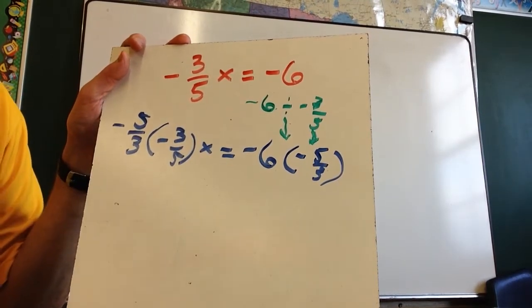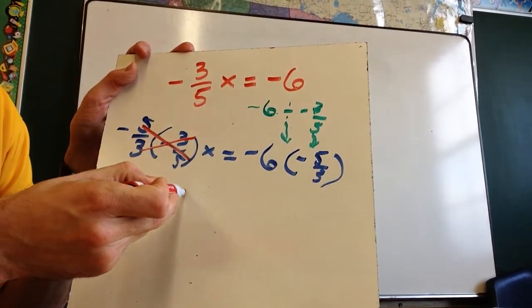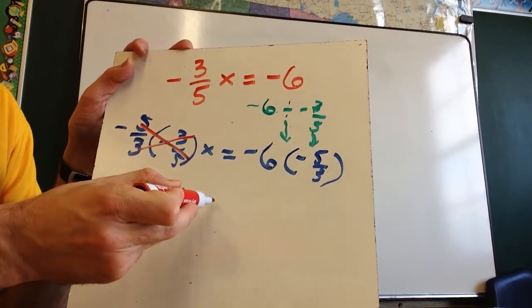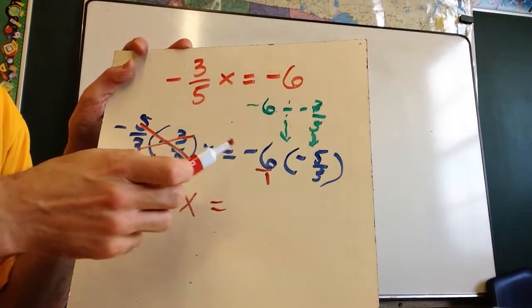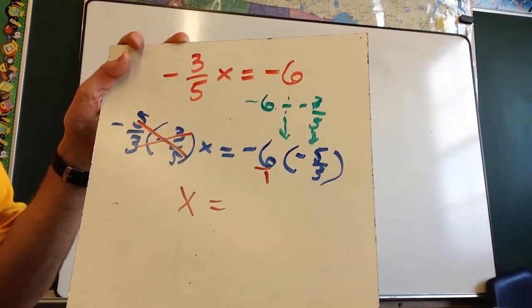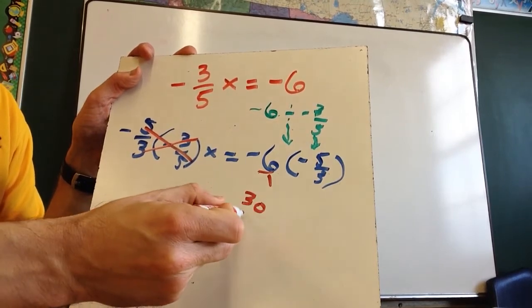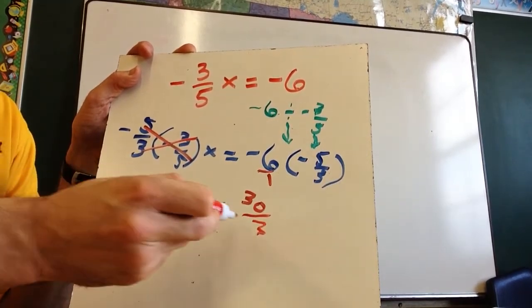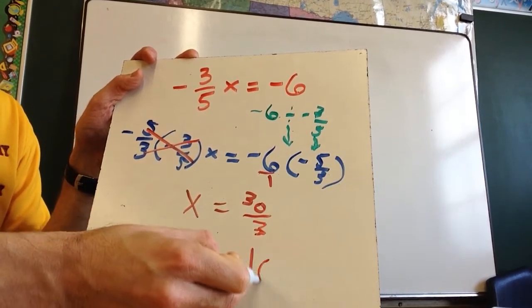So if I'm coming back down to this blue part to solve this, this will cancel itself out, and so I'm left with 1x, or just x, equals, now remember this is really the same as 6 over 1, and I'm going to multiply across. Negative times negative means it's going to be positive, and so 6 times 5 is 30, 1 times 3 is 3. So I end up with 30 over 3, which can be simplified to 10.